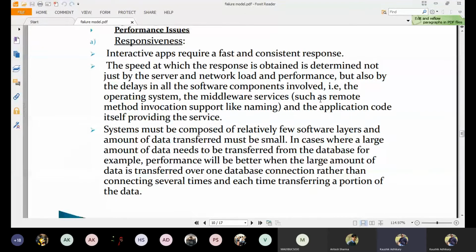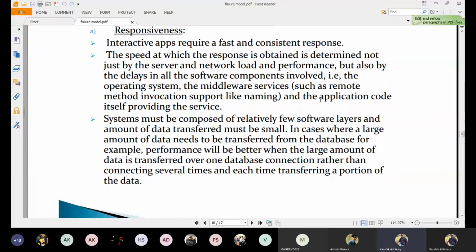In cases where a large amount of data needs to be transferred from the database, for example, performance will be better when the large amount of data is transferred over one database connection rather than connecting several times and each time transferring a portion of the data.